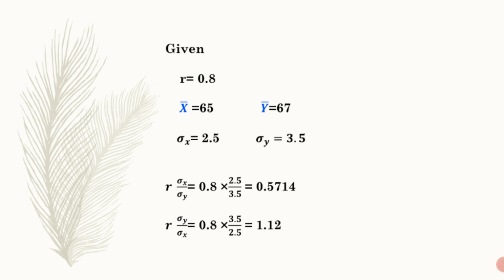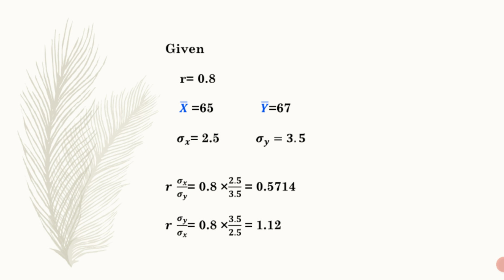Now finding r into sigma x by sigma y: r is 0.8, sigma x is 2.5 and sigma y is 3.5. Substituting these three values and simplifying, we get 0.5714 for r into sigma x by sigma y.